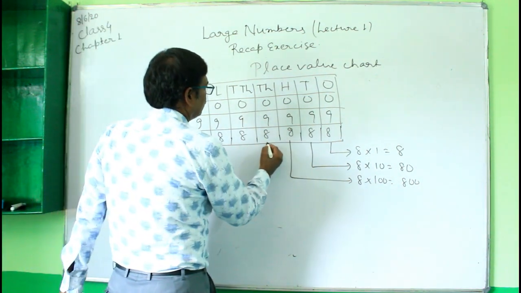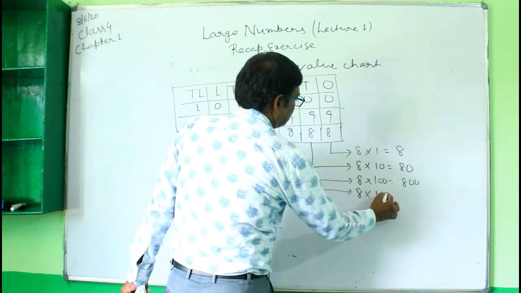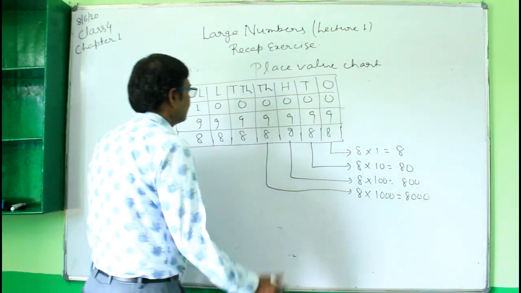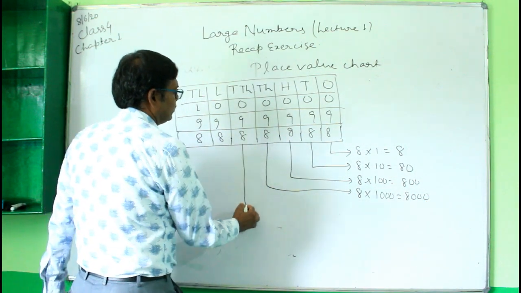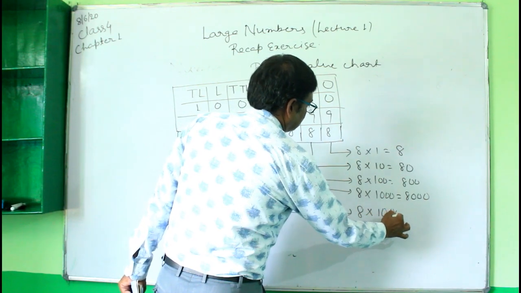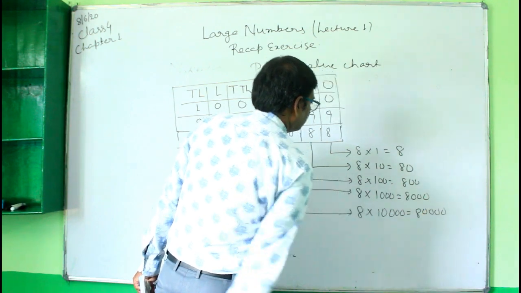And the place value of this digit will be 8 into 1000 equal to 8000. Then the place value of this digit will be 8 into 10,000 equal to 80,000.